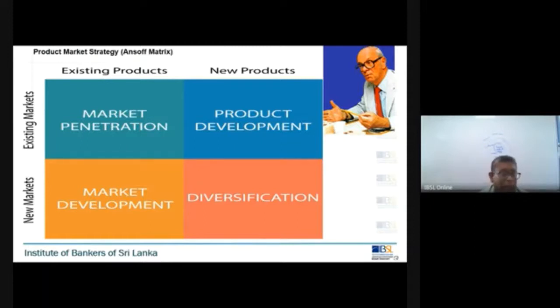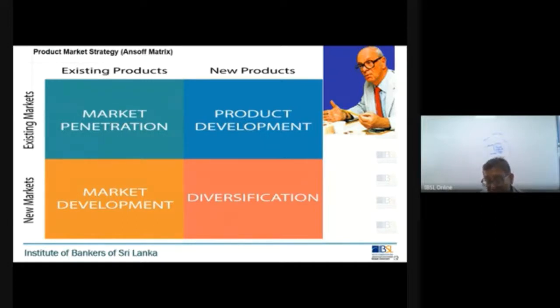Last time I had not discussed these things, but this time, because before the January exam they asked what is Michael Porter's analysis, there may be a possibility of asking, name 4 strategies developed by Ansoff or anybody.